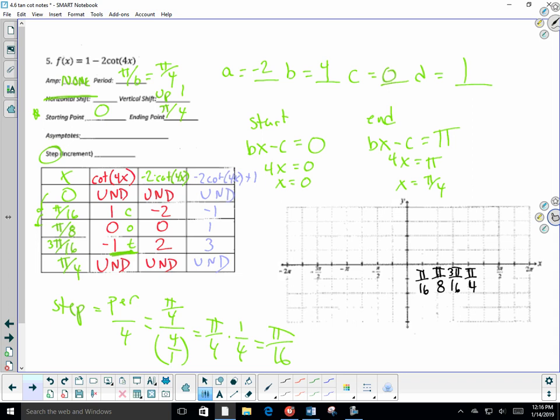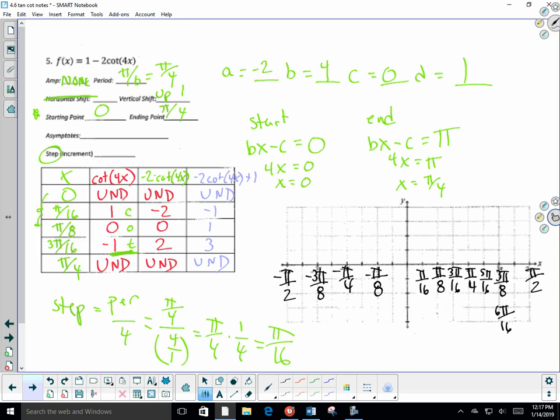All right, so it looks like this is 5 pi over 16, 6 pi over 16, which is 3 pi over 8, and then this is going to end up being 7 pi over 16, and then this is going to be 8 pi over 16, which is pi over 2. All right, and I can fill this in over here. At least it looks like that's going to be negative pi over 8, that's going to be negative pi over 4, that's going to be negative 3 pi over 8, and that's going to be negative pi over 2.